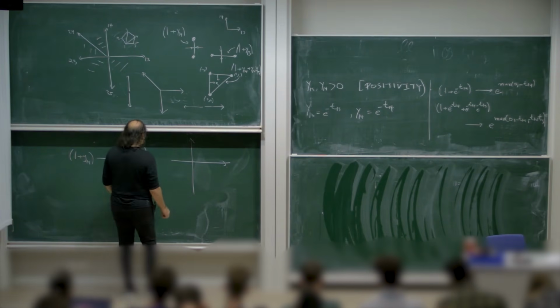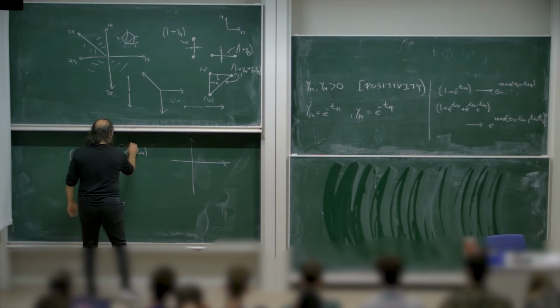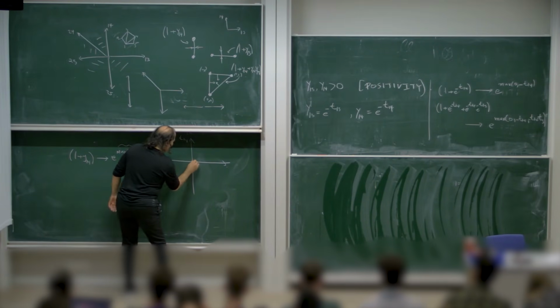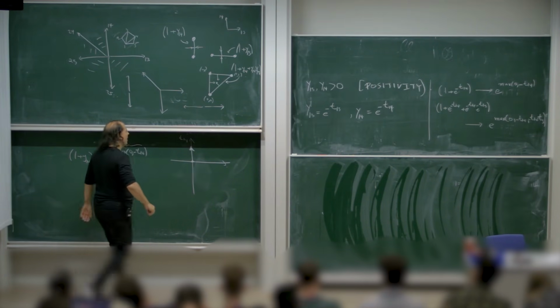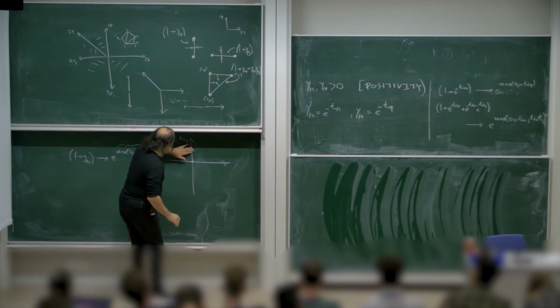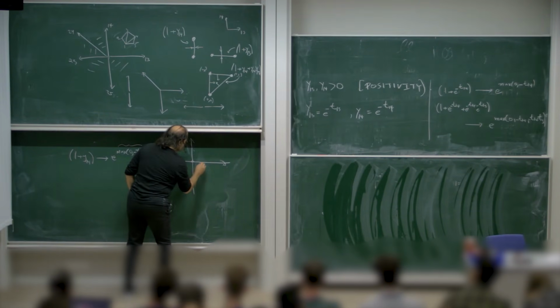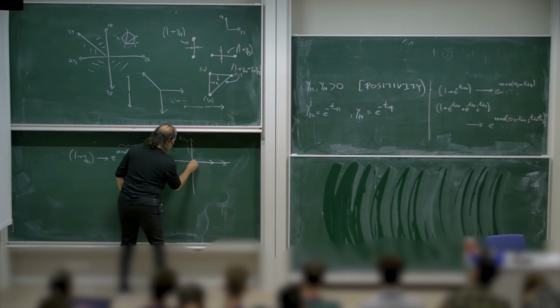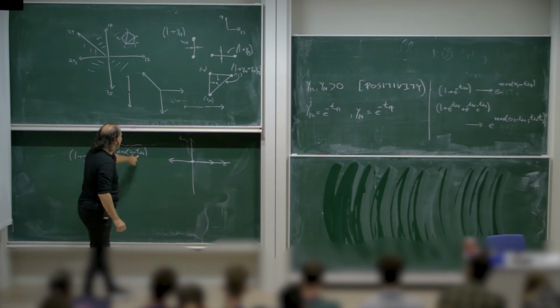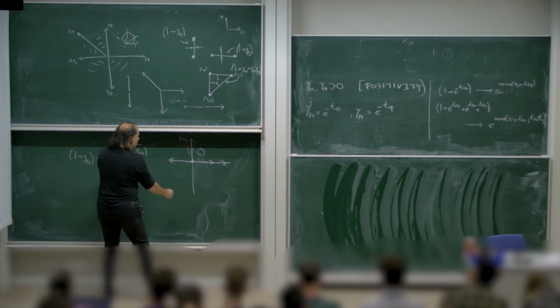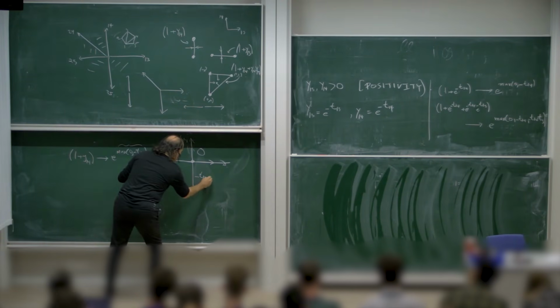Okay? And so this has a domain of linearity in positive t14 space, up here. In positive t14 space, this is 0, and in negative t14 space, it's minus t14.